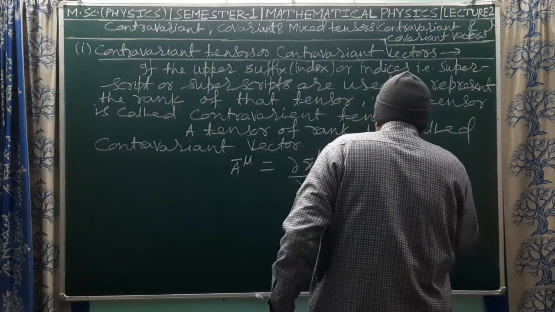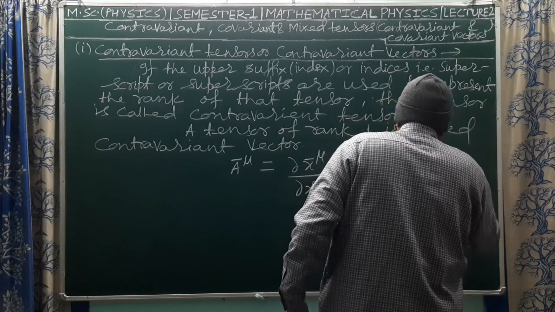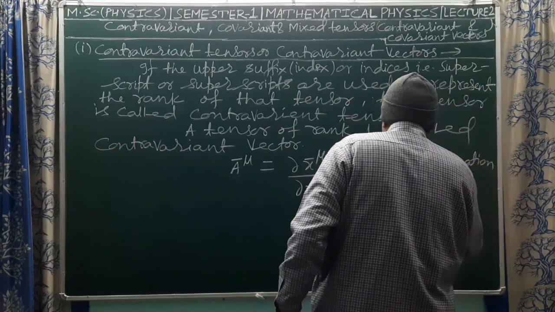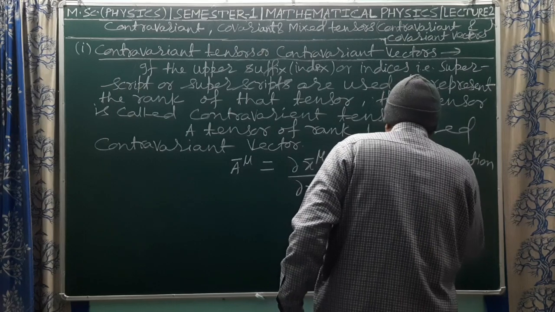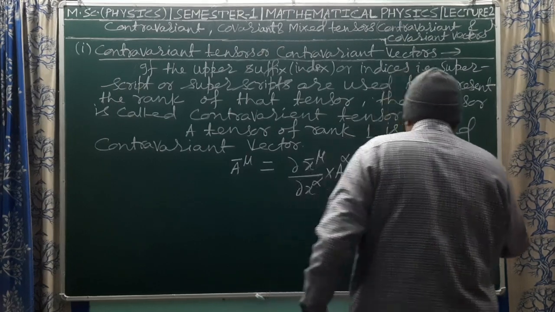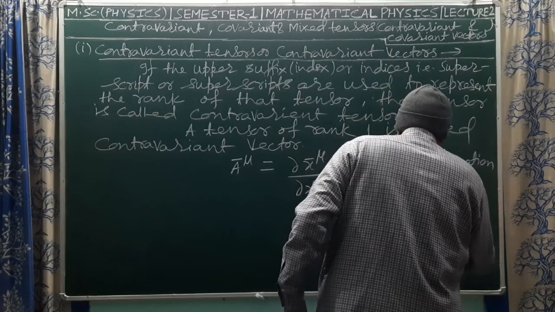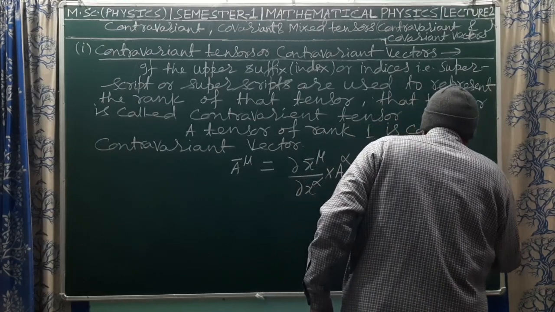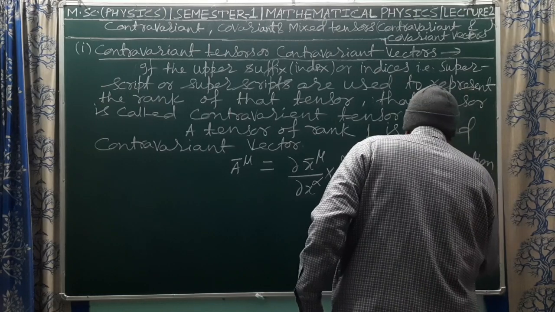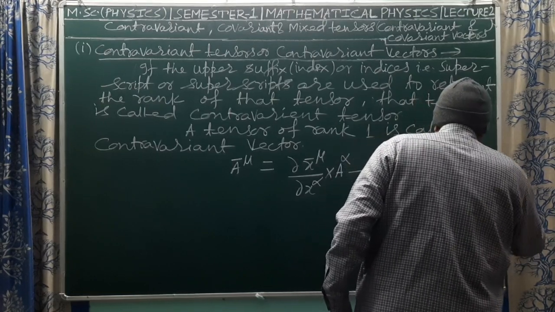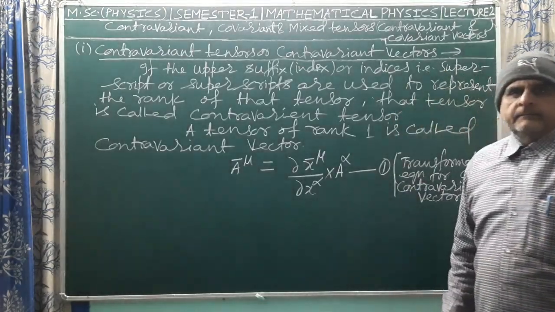This is the transformation equation for a contravariant vector or contravariant tensor of rank 1.